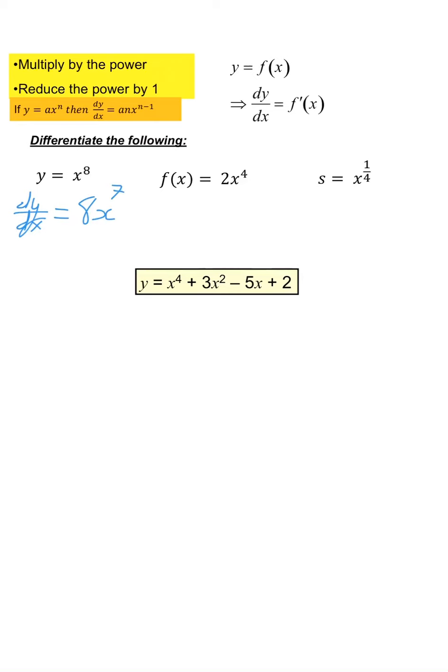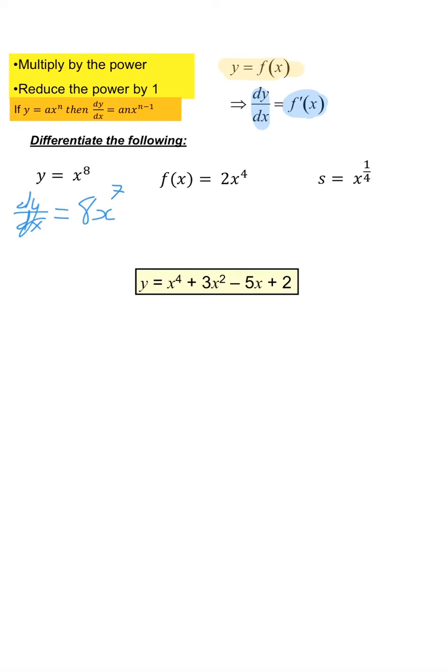You can see up here as well, I have y equals f of x. You should know that already from functions, that your y is the same as f of x. But when you differentiate it, y goes to dy dx, and f of x goes to f dashed of x. So again, these represent the exact same thing.